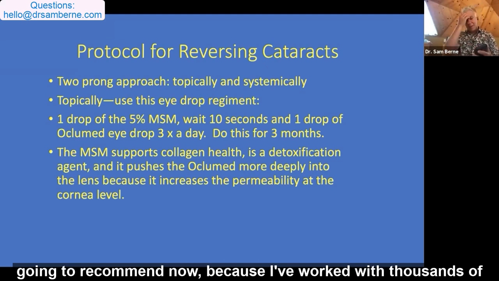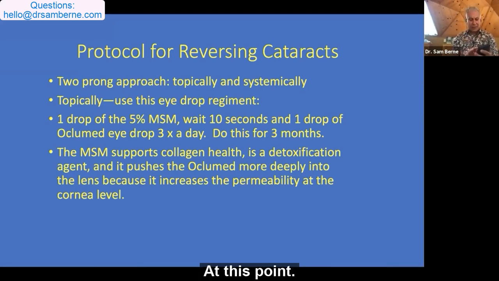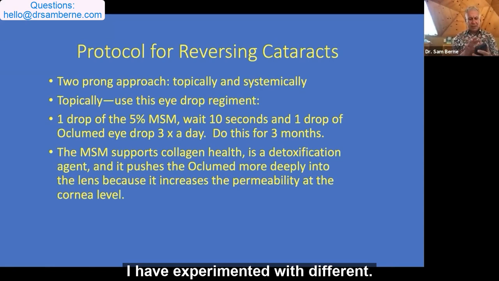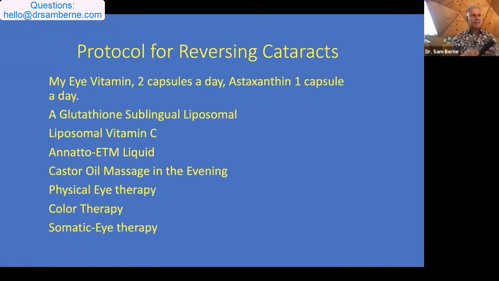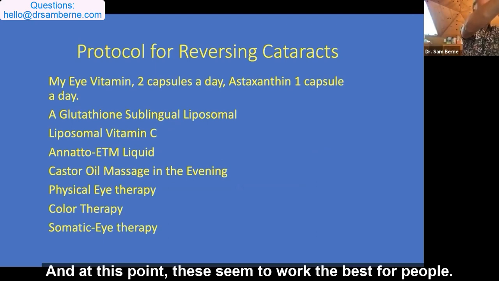Now, because I've worked with thousands of patients at this point, I have experimented with different eye drops and different protocols, and at this point, these seem to work the best for people.